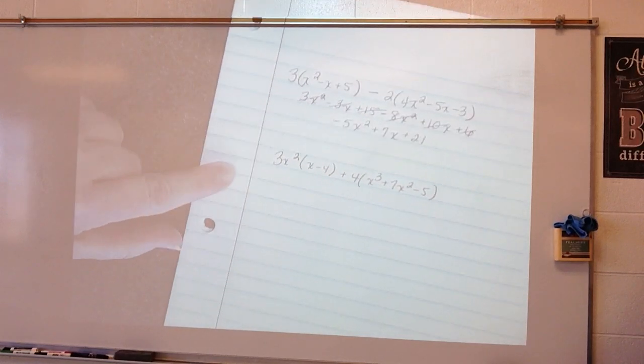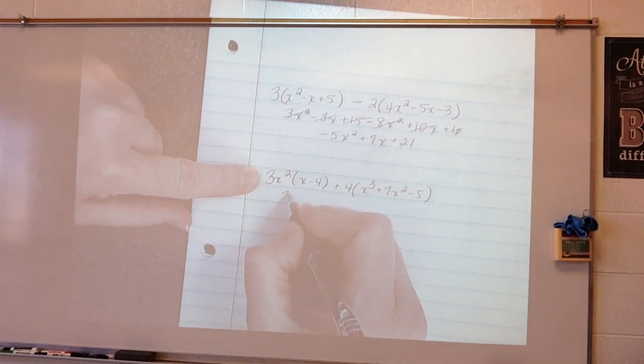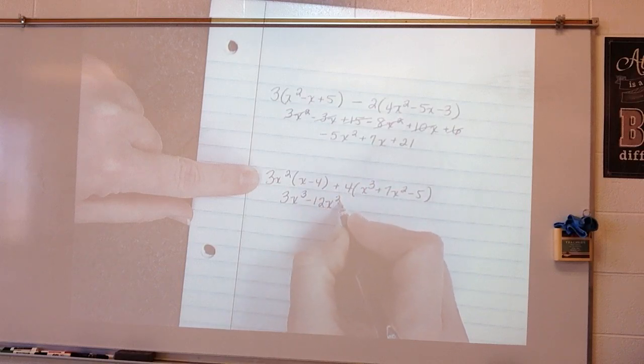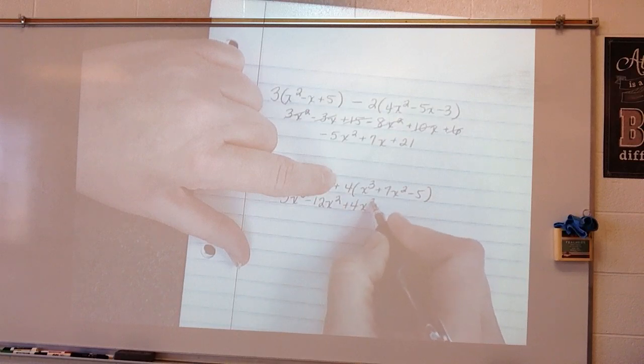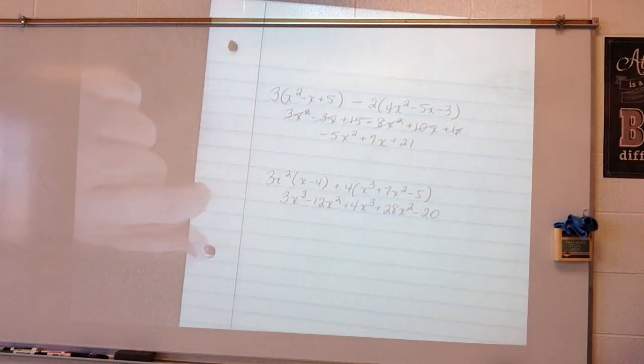Once again, go ahead and do your distributive property. 3x squared times x is 3x cubed. 3x squared times negative 4 is negative 12x squared. 4 times x cubed is 4x cubed. 4 times 7x squared is 28x squared. And 4 times negative 5 is negative 20.